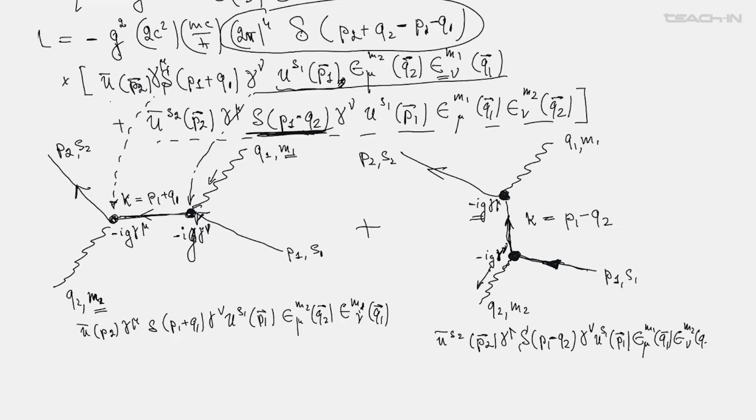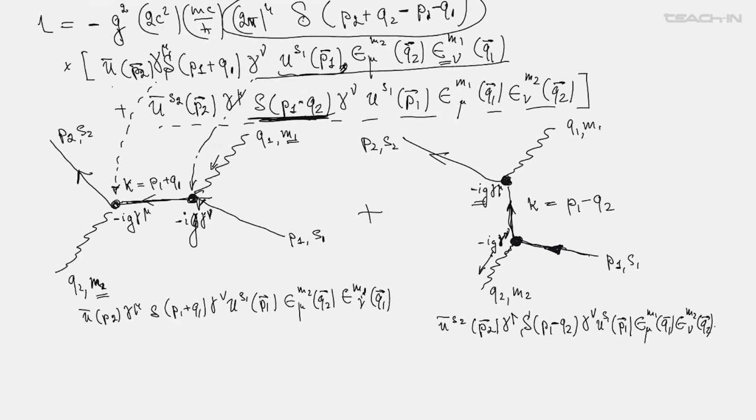So this means that in principle, if you understand how to build up these Feynman diagrams, then you can write the corresponding analytic expressions even without performing this work, which I have done.